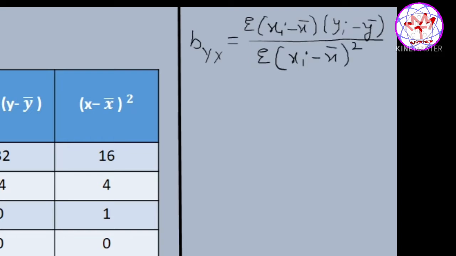Now from the table these values are minus 67 and 50. So we get minus 67 upon 50. So that is equal to minus 1.34. So this is the value of byx.